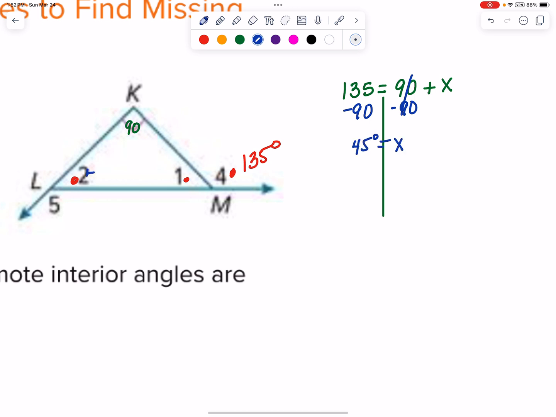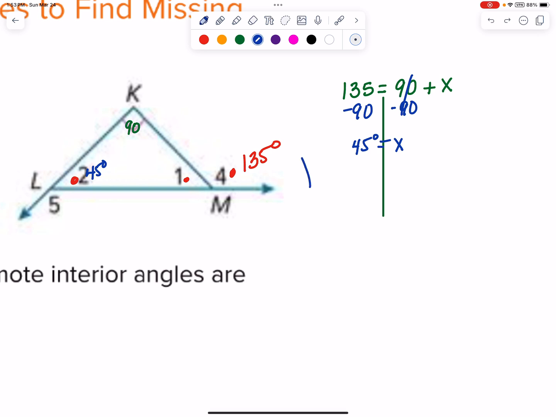So in this case, now I can plug in the 45 degrees here, and I can solve for angle 1. And really, I have a couple ways, right? Since I know this whole thing's 180, I could do 180 minus 135. Since I know that these 3 have to add up to 180, I could do 90 plus 45 plus x equals 180. Either way, you pick what you want.